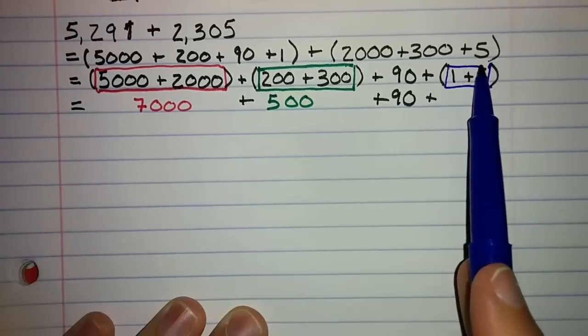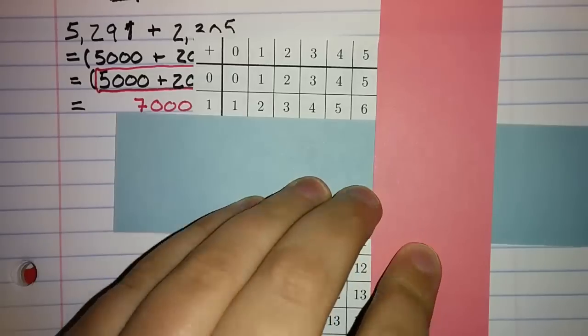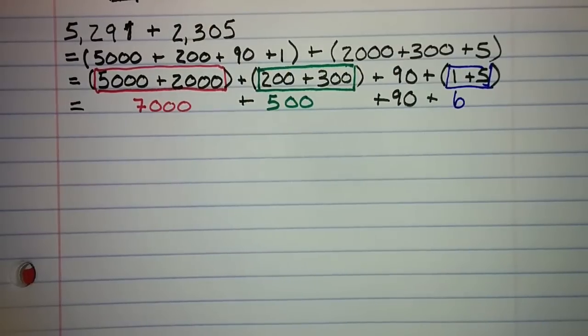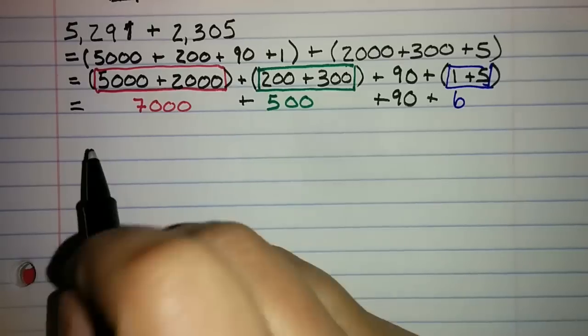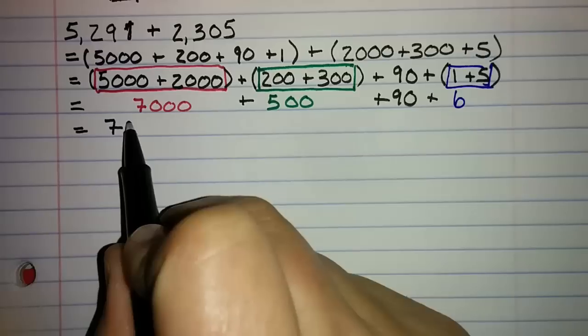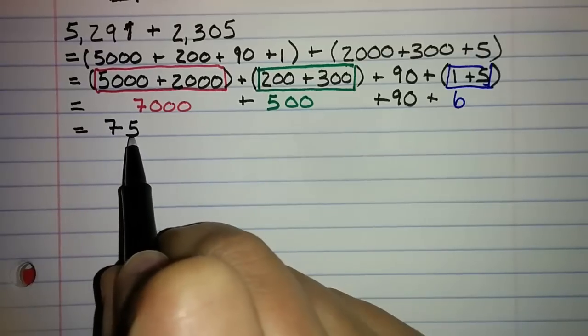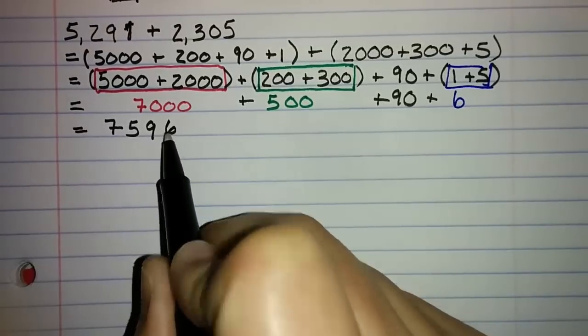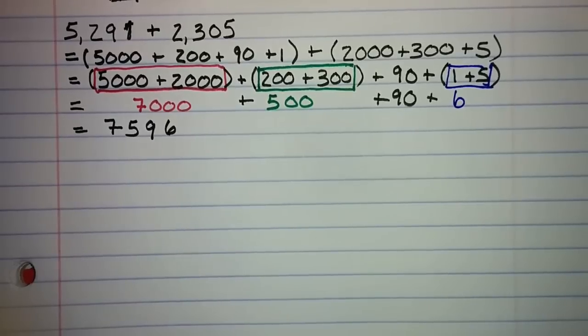And 1 plus 5, well, that makes 6. But this is just the expanded form of a new number. What number? Well, the number with a 7 in the thousands place, a 5 in the hundreds place, a 9 in the tens place, and a 6 in the ones place.